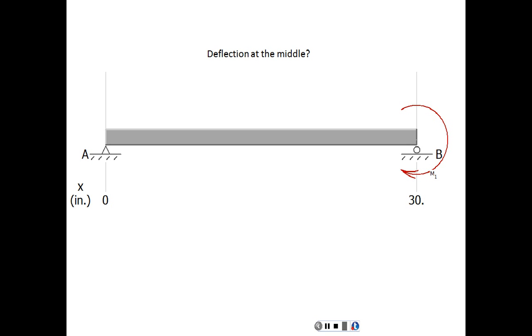Does the moment have to be at the roller support, or would that make a difference? Let me answer that by saying, can it rotate about either one? It can't rotate here. The roller connection, it can rotate. So for that specific question, it doesn't matter.